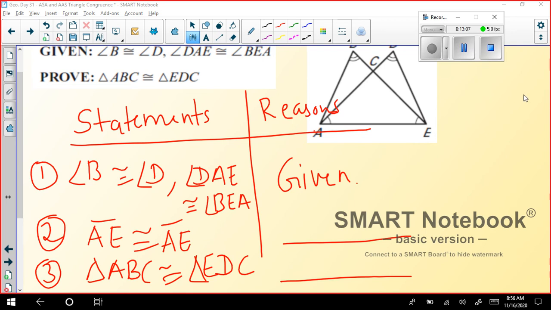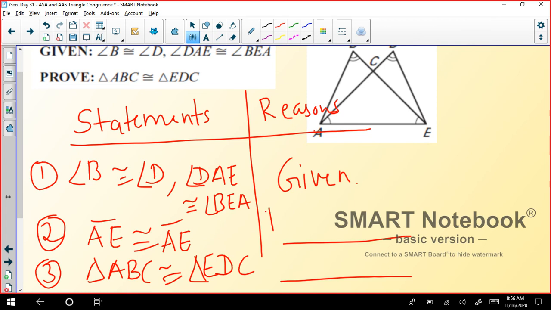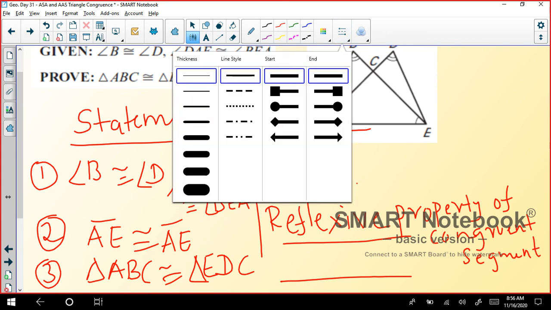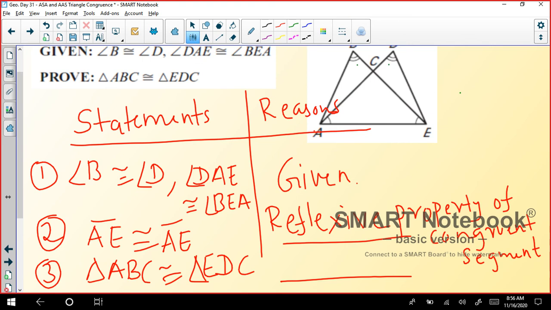As you all listed out in chat, second reason, whenever we are speaking about the same segment and we are saying congruent, so reflexive property of congruent segment is correct. Reflexive property of congruent segment. Okay, for the last one, we have these two angles congruent, we have these two angles congruent, and we are speaking about this side.